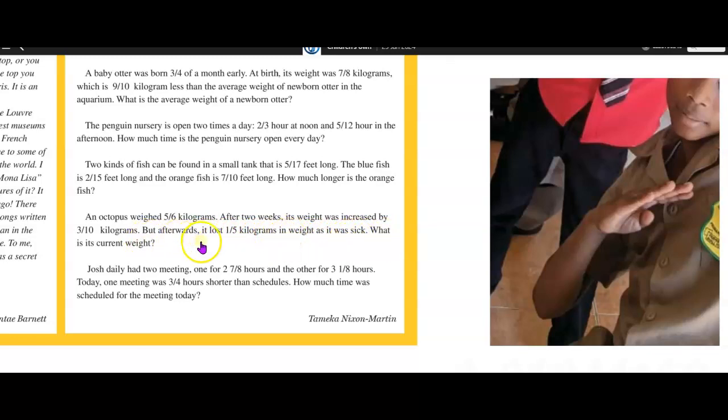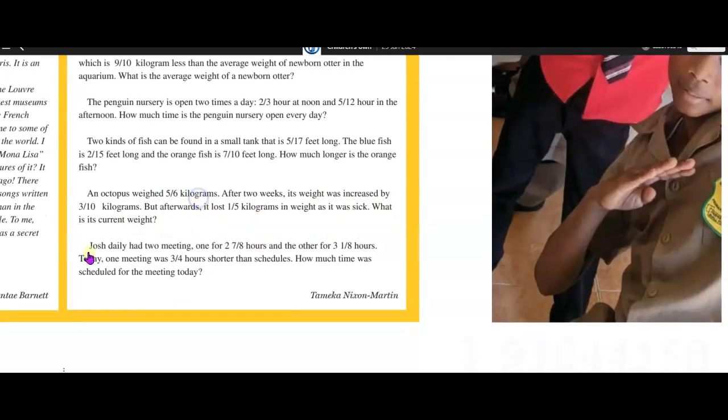What is its current weight? Josh Daly had two meetings, one for 2 and 7/8 hours, and the other for 3 and 1/8 hours. Today, one meeting was 3/4 of an hour shorter than scheduled. How much time was scheduled for meetings today?